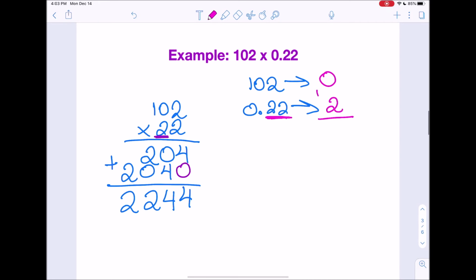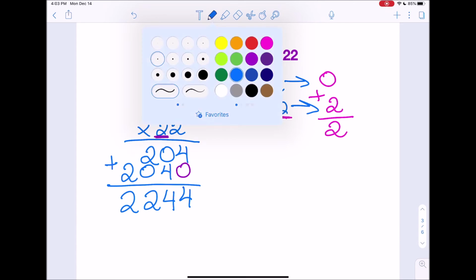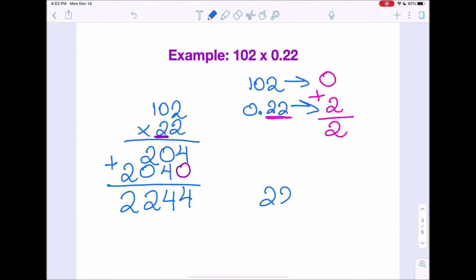We go ahead and we add it together. 0 plus 2 is 2. And that means for our answer, 2244, we're going to have 2 numbers after the decimal. So if I go in, I'm going to go into 1, 2. And we get an answer of 22.44.